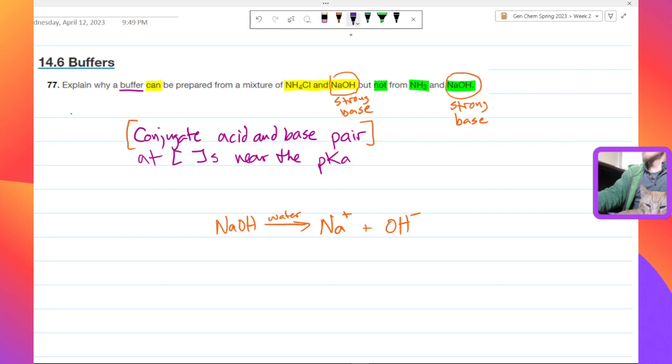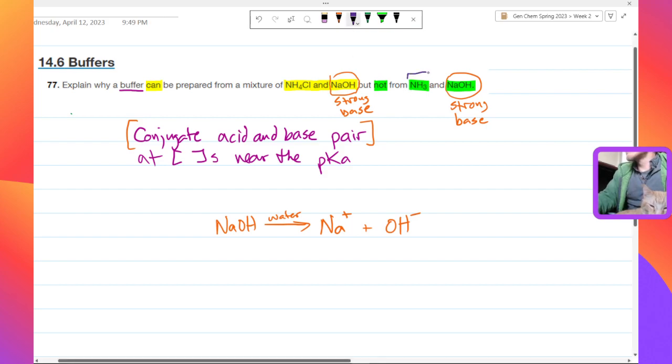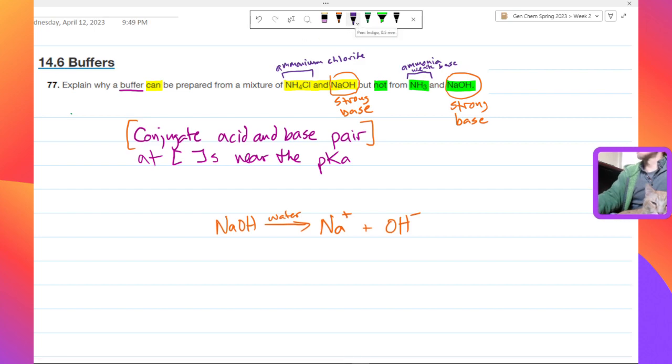But in this case, we have ammonia, which is known as a weak base. And here we have ammonium chloride. So let's look at our yellow case, our ammonium chloride, first.